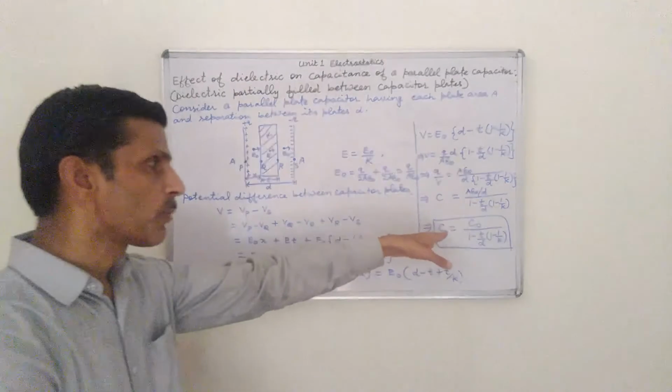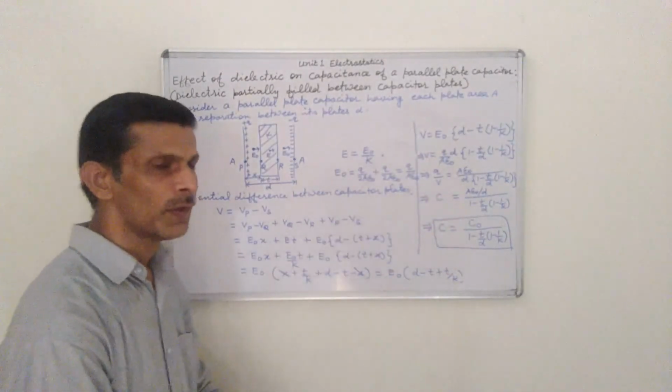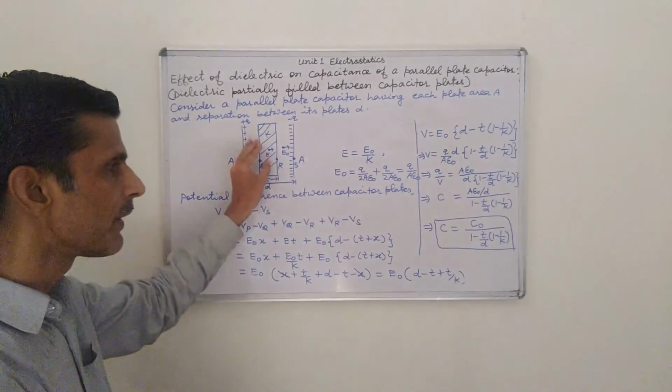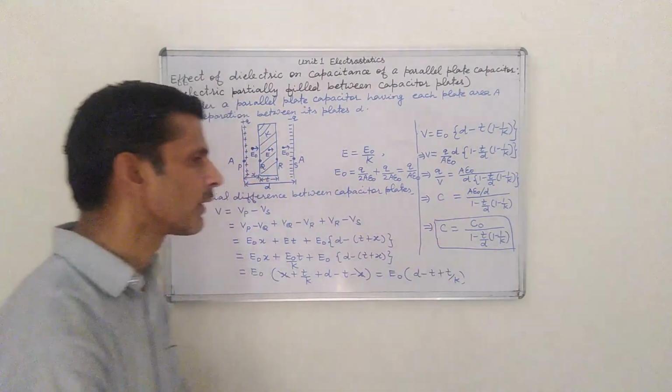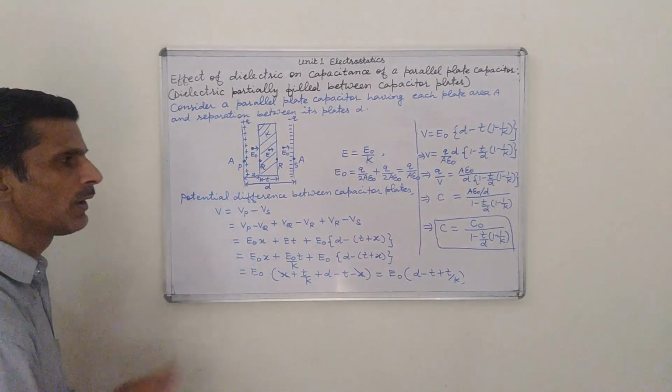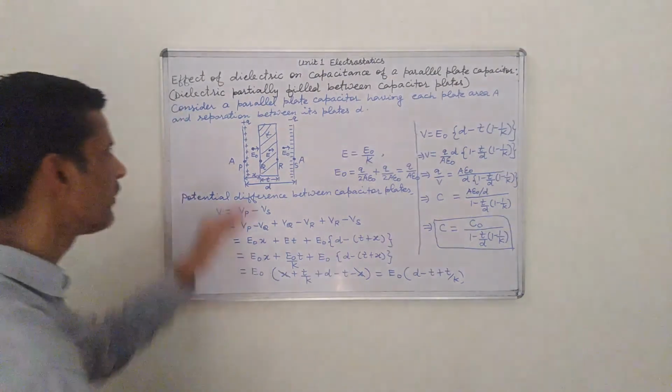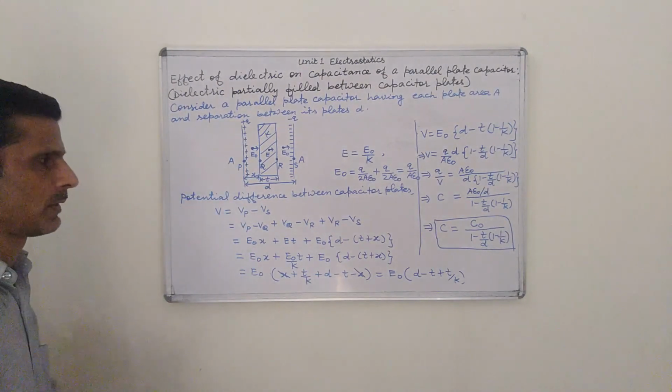So this is the expression for the capacitance of the capacitor when a dielectric of dielectric constant K and thickness T is partially filled between the capacitor plates.